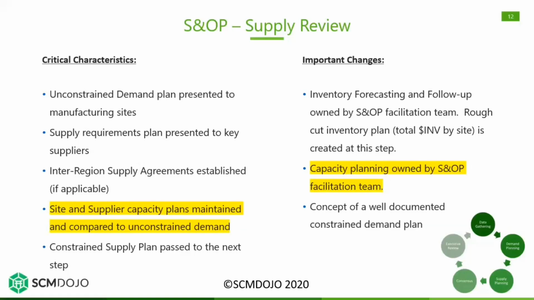I think it is one of the most underrated topics in the supply chain, that we should be able to forecast our inventory based on our demand plan, based on our supply constraints, based on our seasonality. Because if you do not have the right inventory at the right time, the famous words, that means you are not going to supply the right product to a customer, right? So inventory forecasting goes almost hand in hand with any demand planning and any supply planning.